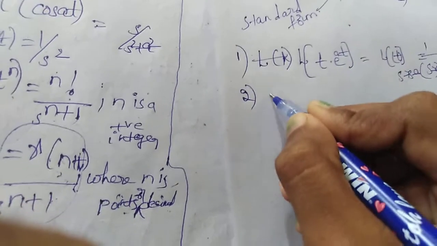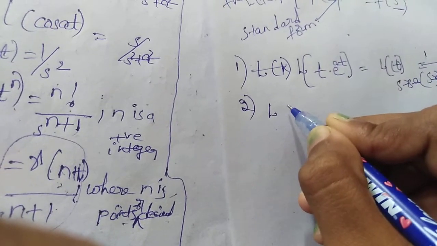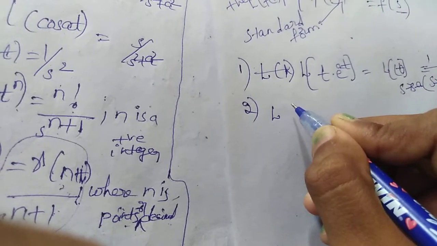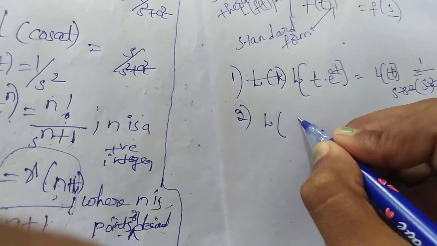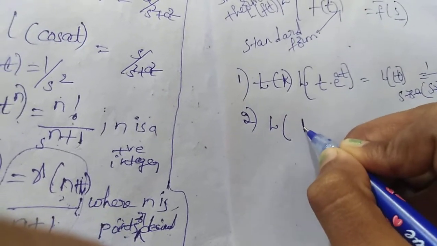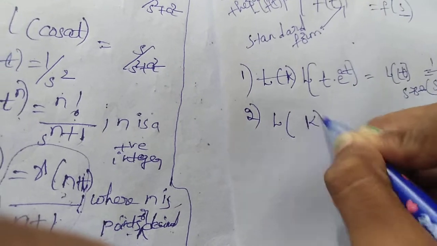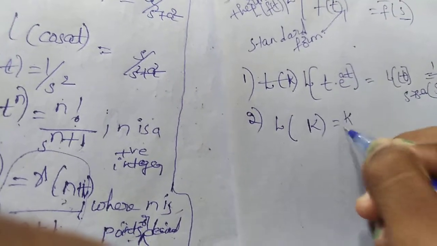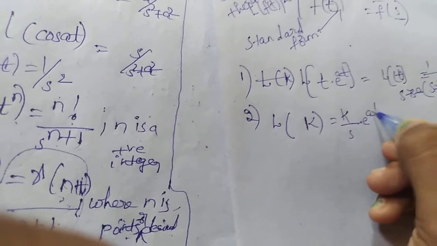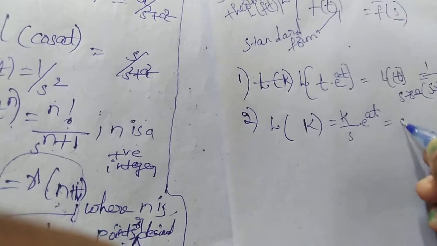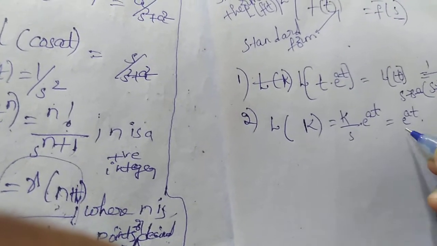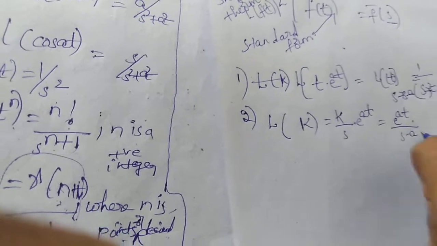Suppose L of k equals k by s, then L of k into e power at will be written as e power at into k by s minus a.